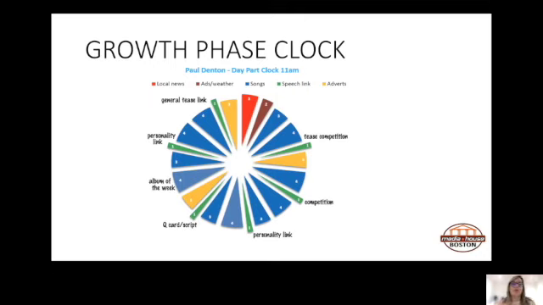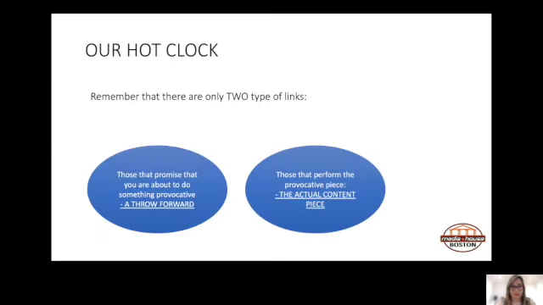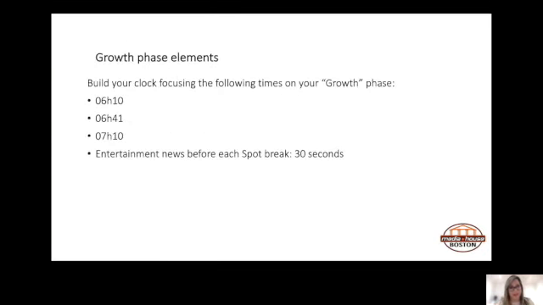So thinking of all 3 of your hours, because like I mentioned, I want a whole show's clocks. A whole show equals 3 clocks, okay? So 3 breakdowns. And I want to see that you've included these elements. I want to see where you're putting your growth phase elements.